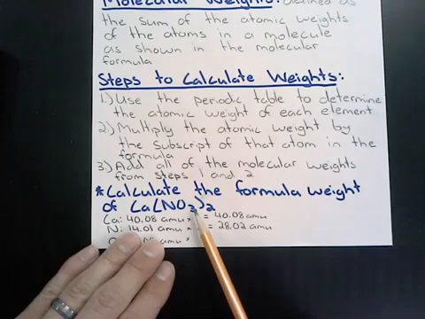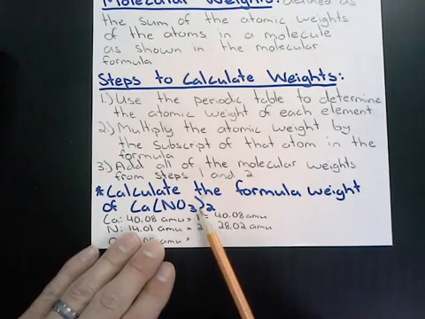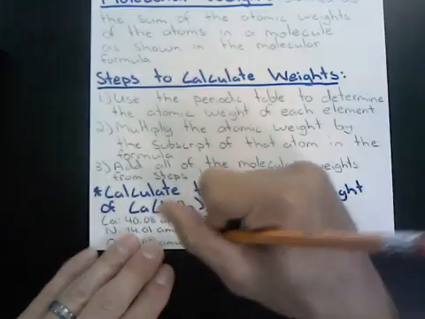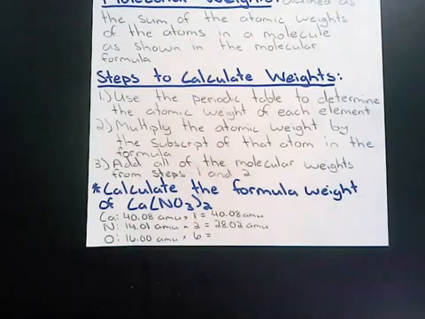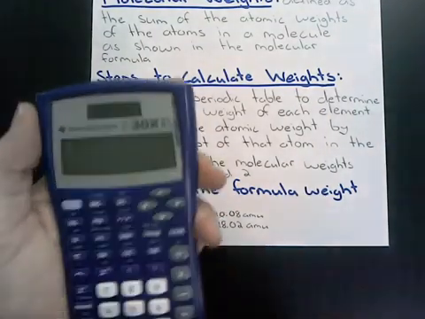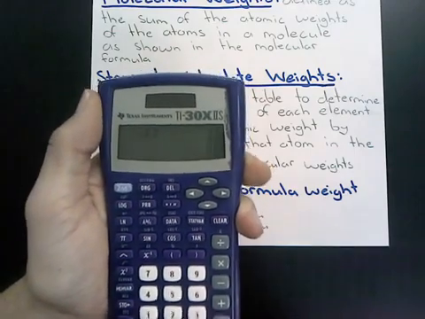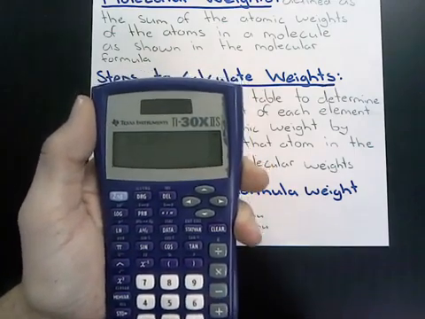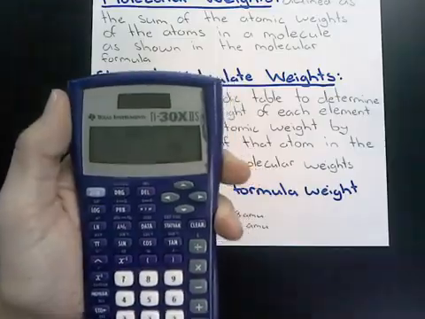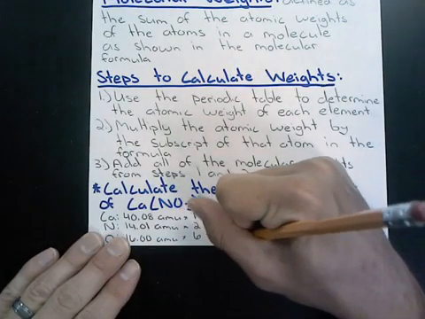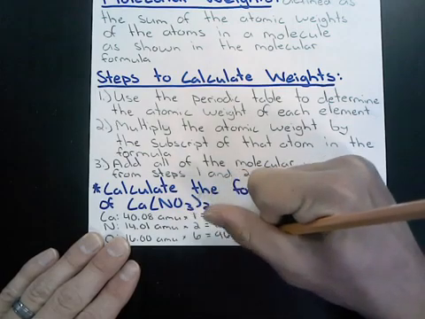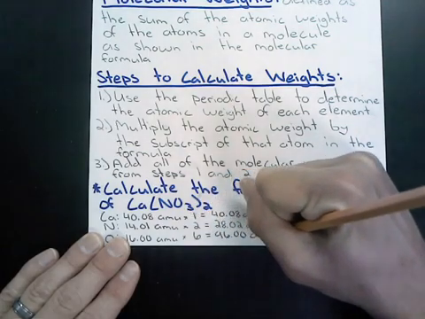Again, we have to be careful because inside here we have 3 O's times 2. That's a total of 6 oxygens. So what we do here, we put in 16.00 times 6, and we get a value of 96. Now, to keep consistency here, I'm going to put 96.00 AMU.